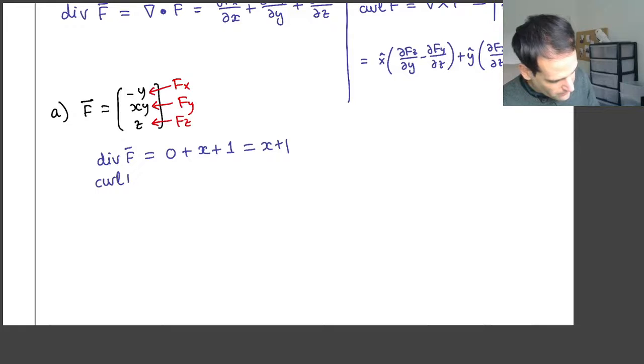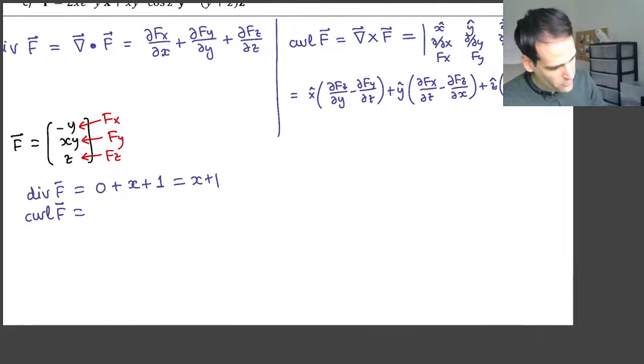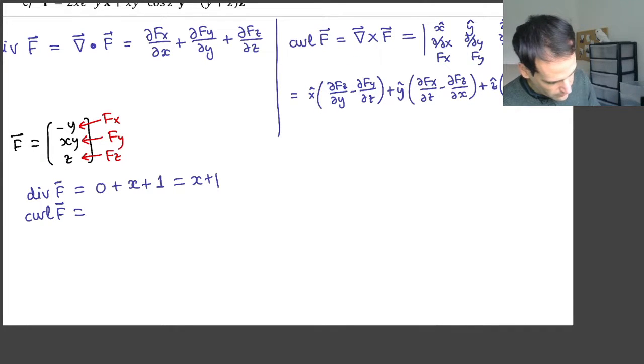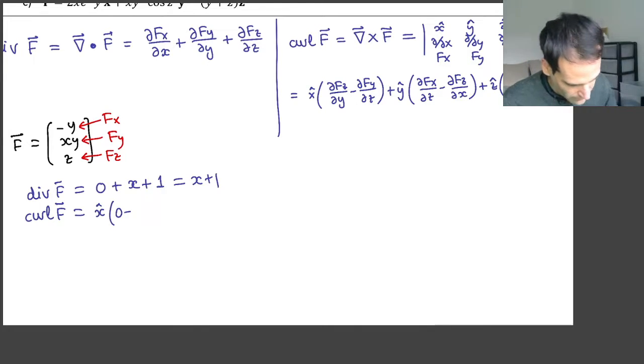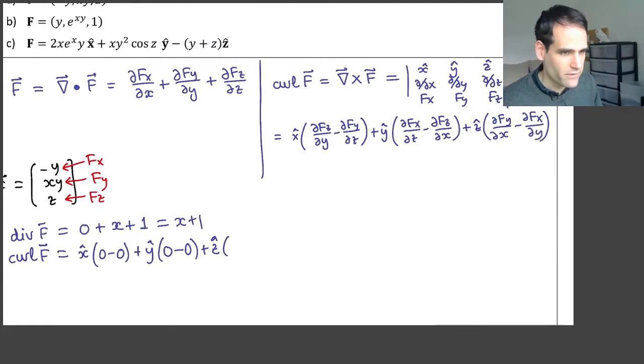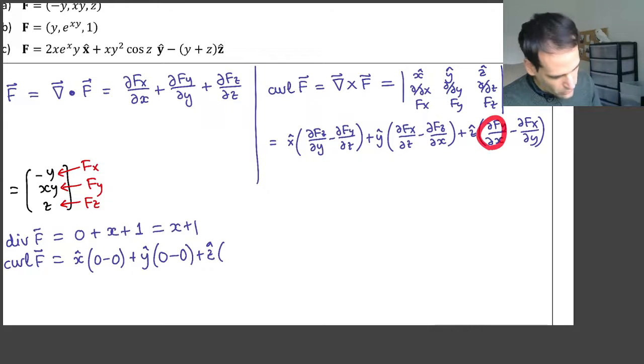The curl of f will be equal to, so now I'm looking here at the top right. x hat times partial of fz with respect to y, 0, minus partial of fy with respect to z, 0, plus y hat times partial of fx with respect to z, 0, minus partial of fz with respect to x, 0, plus z hat times partial of fy with respect to x, so that will be y, minus partial of fx with respect to y, so that will be minus 1.